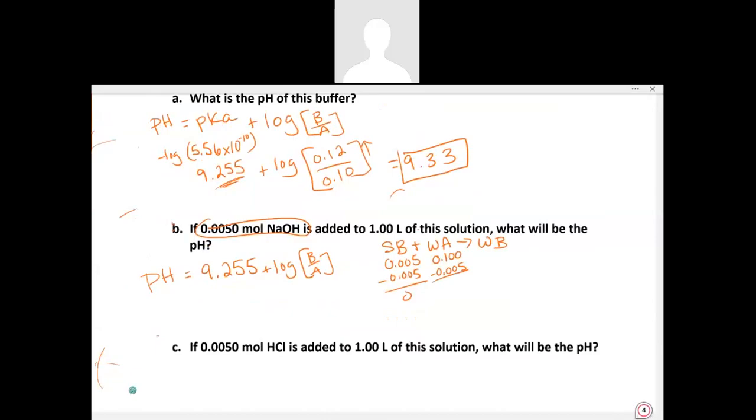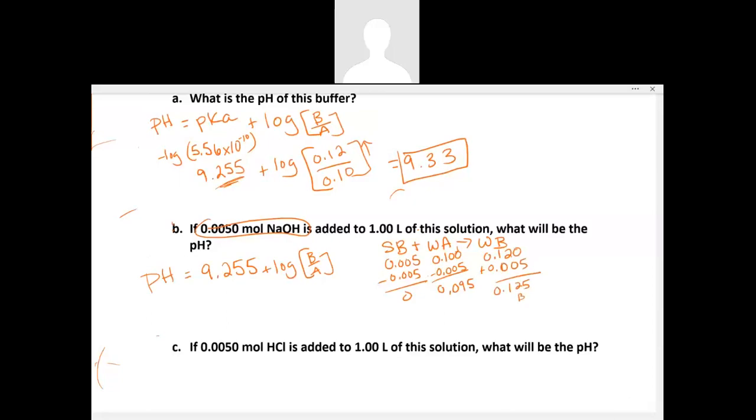I added an extra 0 here just to keep things lined up. And we see that this is going to be 0.095. Then we have on this side our weak base. We started with more of that, the 0.12, but instead of subtract now, we're going to add 0.005. So we're going to end up with 0.125.